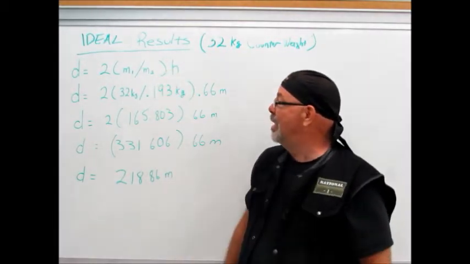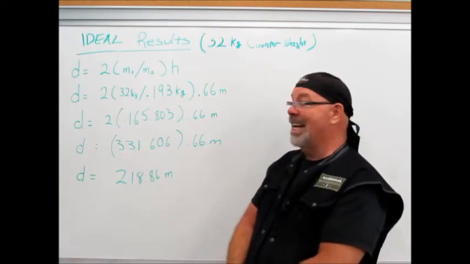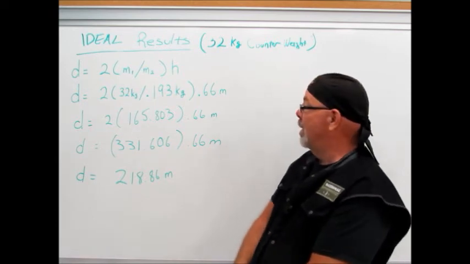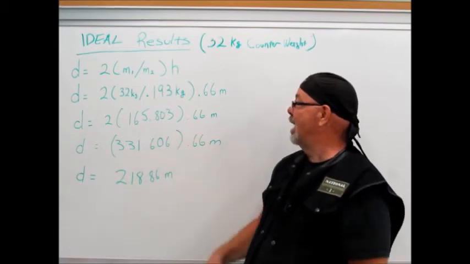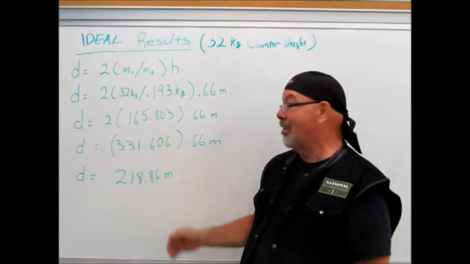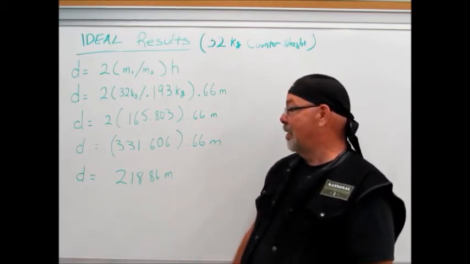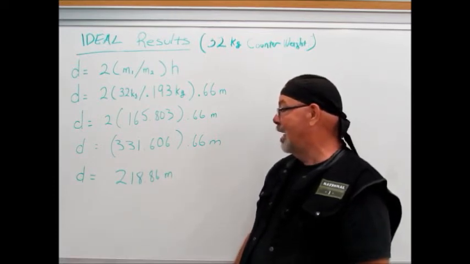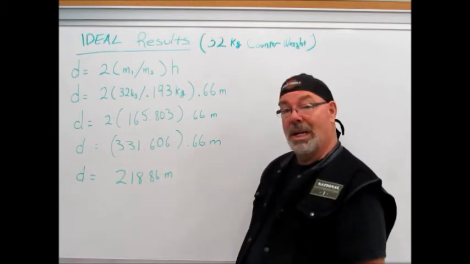So that would be 2 times 32 kilograms divided by 0.193 kilograms times 0.66 meters. That would be 2 times 165.803 times 0.66 meters, which works out to 331.606 times 0.66 meters. So our distance for the ideal shot under perfect conditions should be 218.86 meters with a 32 kilogram counterweight.